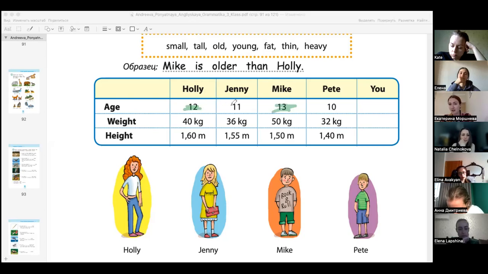Yes, he is. And then I give a time limit, like 3 or 5 minutes, it depends on the group. And I ask children to write as many sentences as they can to compare these children. When they are ready with these sentences, they write to me in the last column, and they compare themselves with these children.